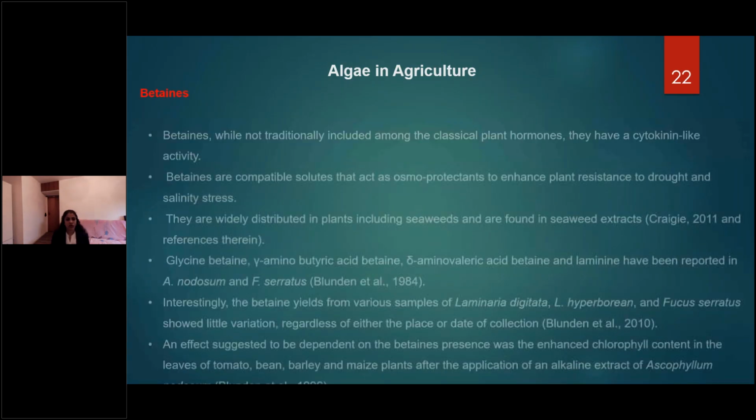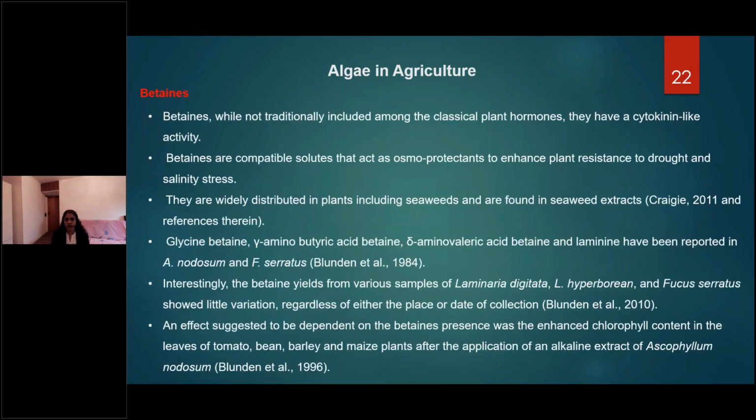Betaines. So betaines, while not traditionally included among the classical plant hormones, have cytokinin-like activities, but they are widely distributed in plants, including seaweeds, and are found in seaweed extracts. Interestingly, the betaine yields from the various samples of Laminaria digitata, Laminaria hyperborea, and Fucus serratus showed little variation regardless of either place or date of collection.